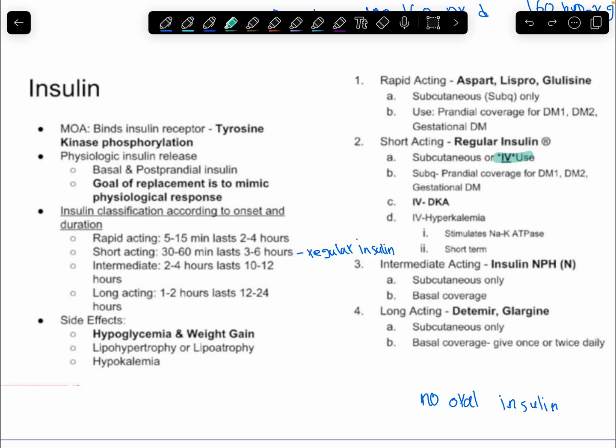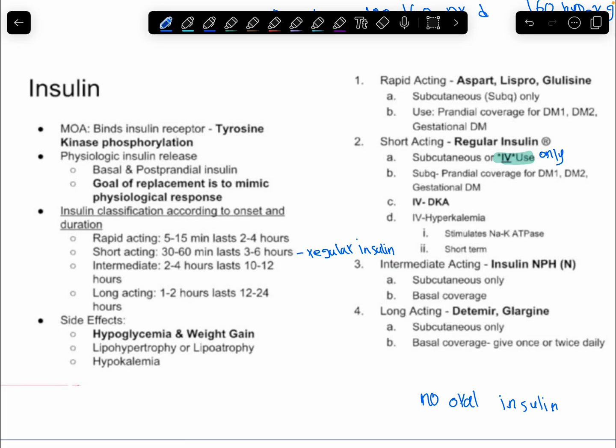Subcutaneous, we use it for prandial coverage, same as type 1, type 2 and gestational. IV, where we use IV: DKA. D for diabetic, K for keto, A for acidosis.